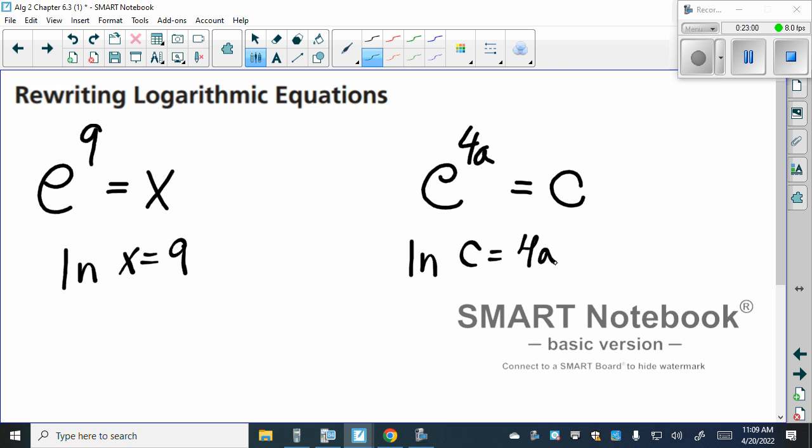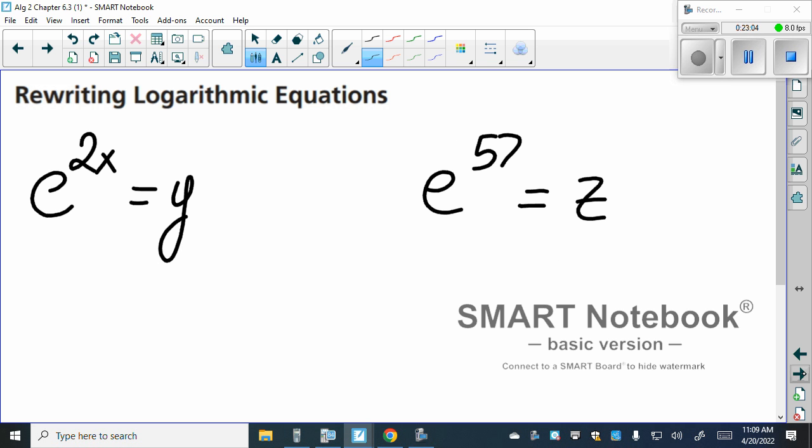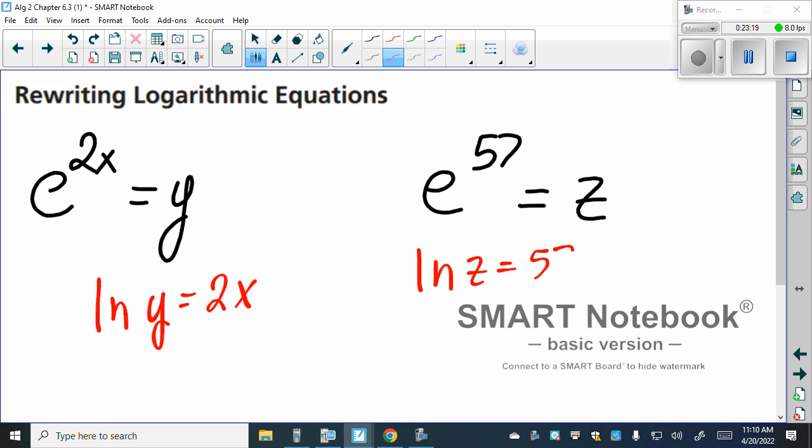Questions on this here? Let's look at the next one. e to the 2x equals y would be ln of y equals 2x. e to the 57 equals z would be ln of z equals 57.